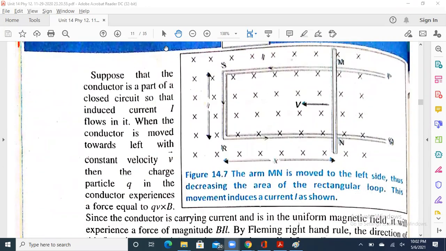So this is the coil and it is having a conductor NM. So this is the N and this is M. So this conductor NM is moving in this system. How it is moving? Let's see.